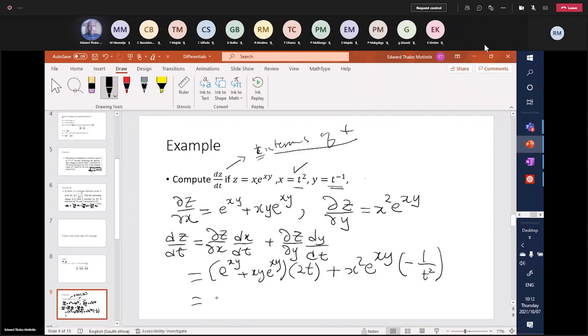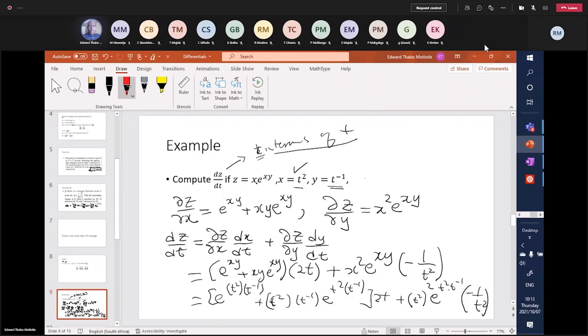So if that was the question, you can put e to the power, and here you substitute t squared, and here you substitute t to the power minus 1, plus substitute here also t squared multiplied by t to the power minus 1, e to the power t squared multiplied by t to the power minus 1, and everything here multiplied by 2t, plus here it's going to be t squared to the power 2, e to the power t squared multiplied by t to the power minus 1 multiplied by minus 1 over t squared.